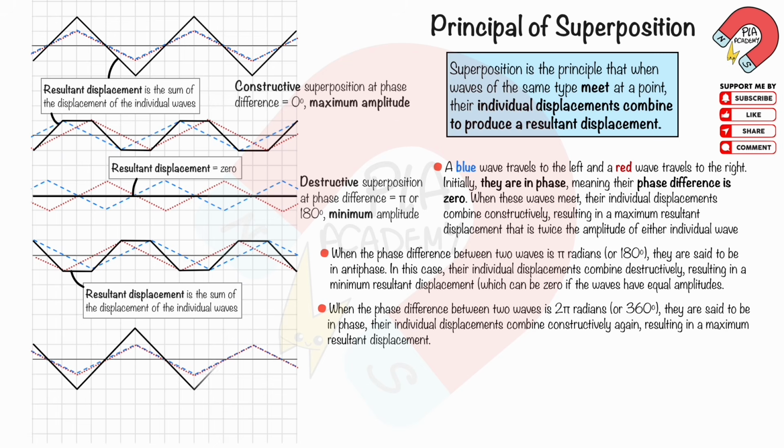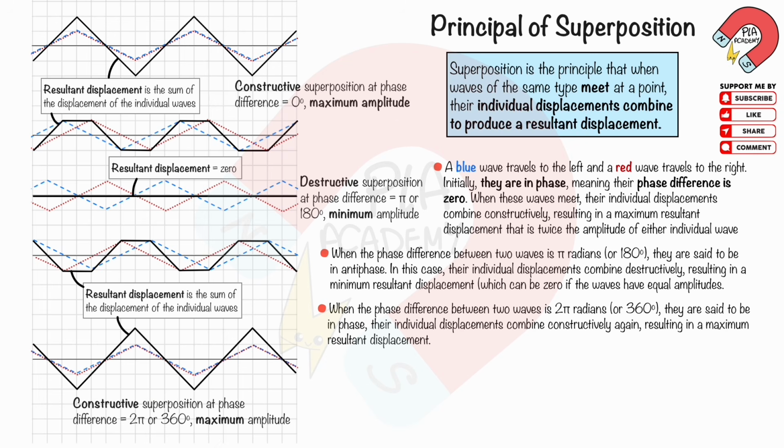Their individual displacements combine constructively, resulting in a maximum resultant displacement that is twice the amplitude of either individual wave. This is called constructive superposition, which occurs when waves are in phase, with phase differences of 2 pi radians, or 360 degrees, creating the maximum amplitude.